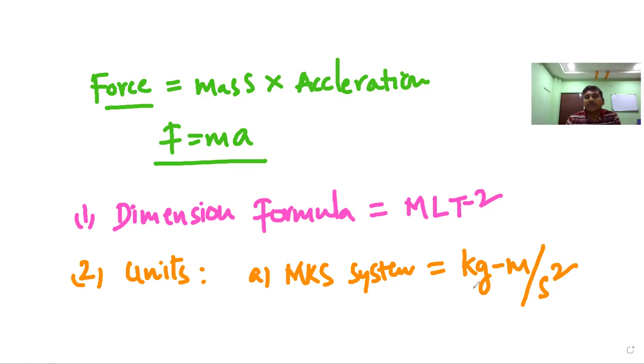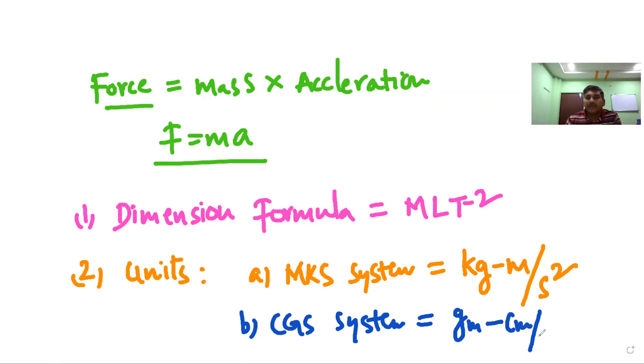This is not minus, be careful. Similarly, in the CGS system, mass is grams, length is centimeter per second square, gram centimeter per second square. These are the units of the force.